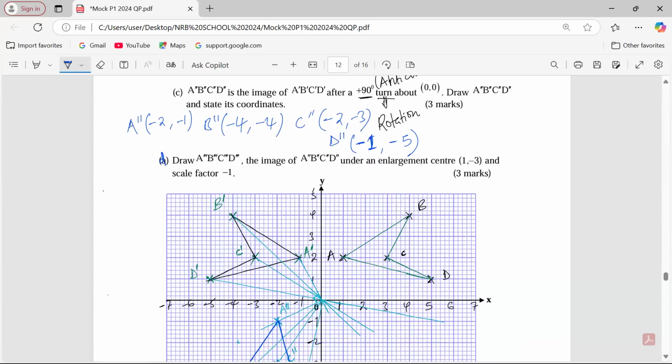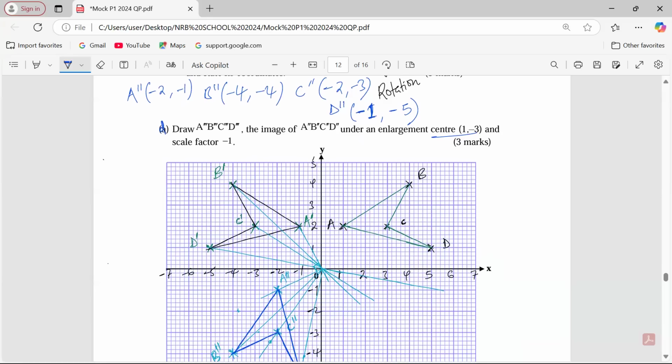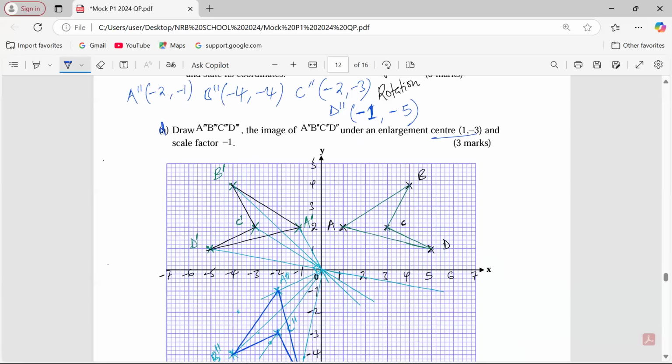So we first identify the center of the enlargement, then the scale factor. When the scale factor is -1, it means it will be now on the other side. So the image and the object will be on opposite sides of the center. So we move to the opposite side, just an equal distance.